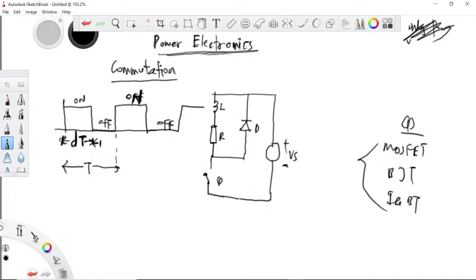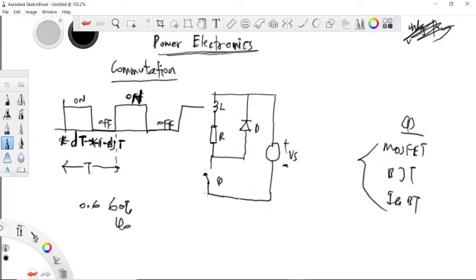So this duty cycle is expressed over 1 because the entire period is 1. It can be, let's say, duty cycle 0.6 or 60%, which is the same thing. Which means that it will be off for 40%, so here it is just 1 minus duty cycle of the period. So this is the waveform that's controlling the switching of this BJT or IGBT or MOSFET, this switch here.